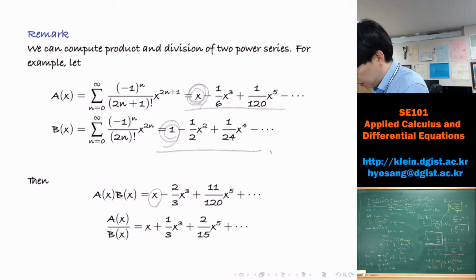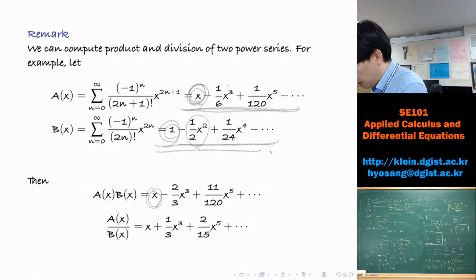If you multiply any other term, the degree is bigger than 1, so this is the only degree 1 term. How about degree 2? The only way to obtain degree 2 is to take x and some degree 1 term here, or x squared and a degree 0 term here, but there's nothing. So there are no degree 2 terms.